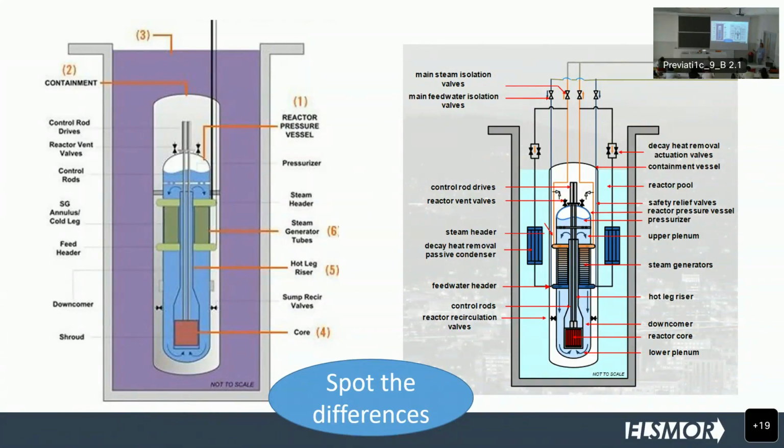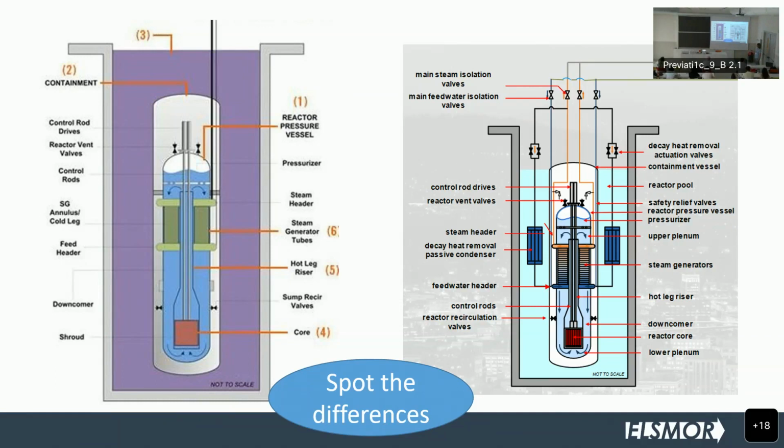The 5 physical barriers, 5 or 4. The first one will be the fuel matrix. Then the reactor coolant system, the primary vessel. Then the containment, and then the steel lining of the containment building.